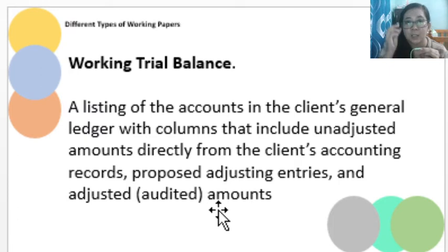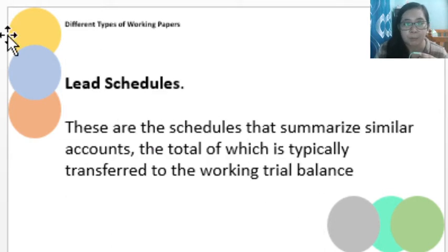But then again, this should be reflected in the FS of the entity, which is subject for correction, and those adjustments will be reflected by the management, meaning they will prepare another set of financial statements which are now corrected, based on this working trial balance by the auditor.